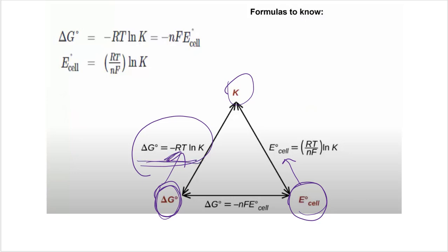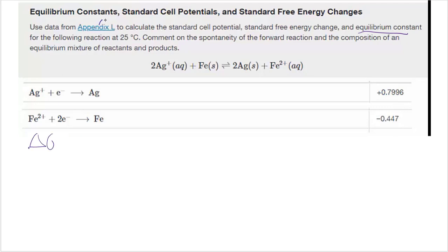I'm just going to go here and use delta G is equal to negative RT ln K. So this is what we're going to be finding. So I'm going to plug in what I just found for delta G, that negative 240.6 kilojoules is equal to negative R.